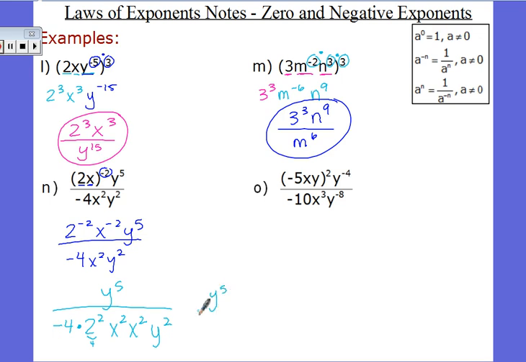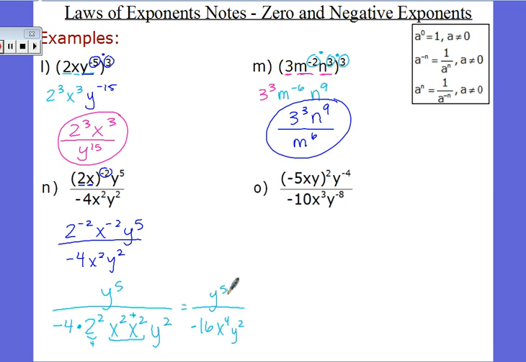So we get y to the 5th over -16. Then we have a product of powers property here with x squared and x squared. So we add their two exponents and we get x to the 4th. And then we have y to the 2nd. And then I check for division. I've got y to the 5th over y to the 2nd. They're the same base. So I subtract their exponents. I get y to the 3rd.